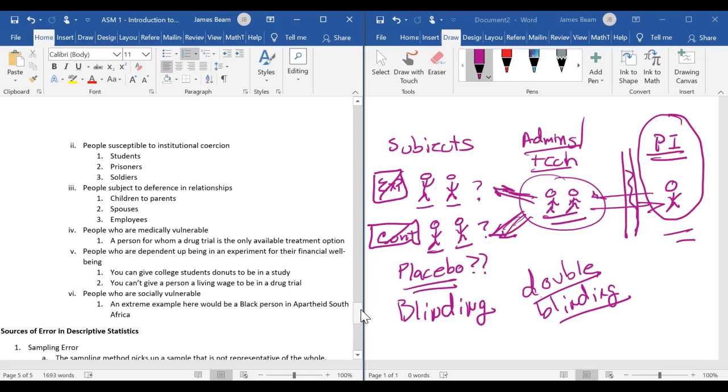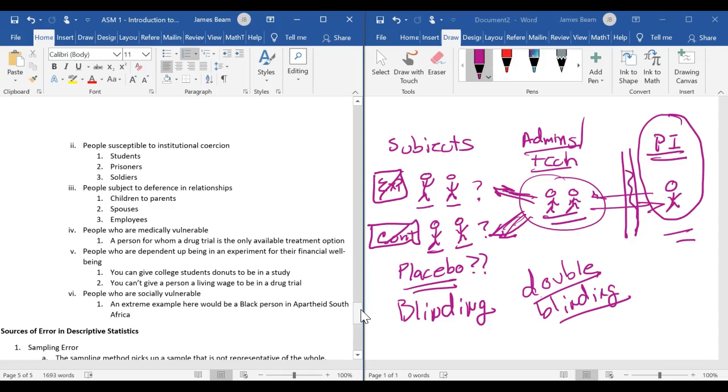People who are medically vulnerable, you don't do a drug trial for someone for whom this is their only viable treatment option. That seems unfair, but if you're believing that your life is dependent upon engagement in this trial, then you don't feel free to leave the trial. So that's pretty scary.